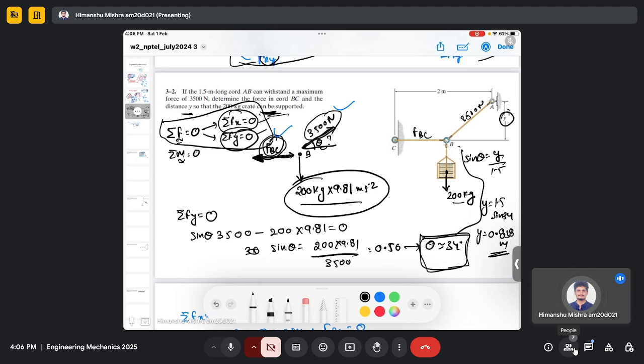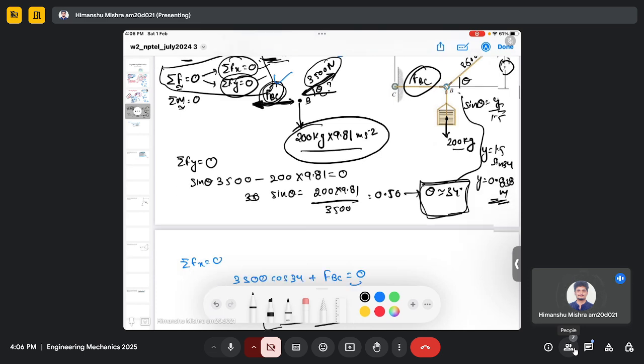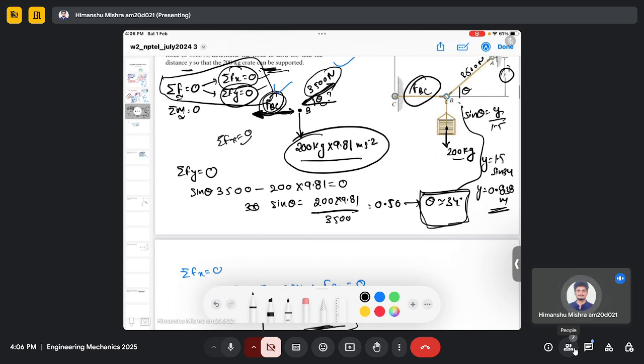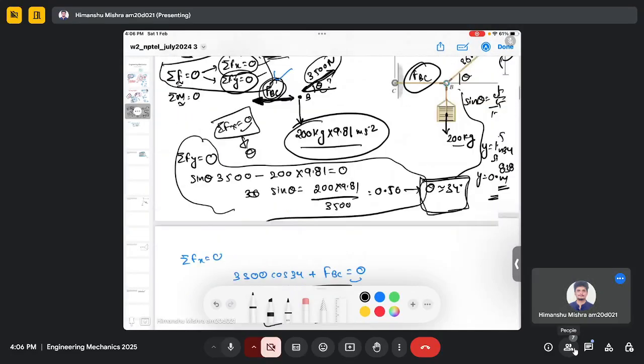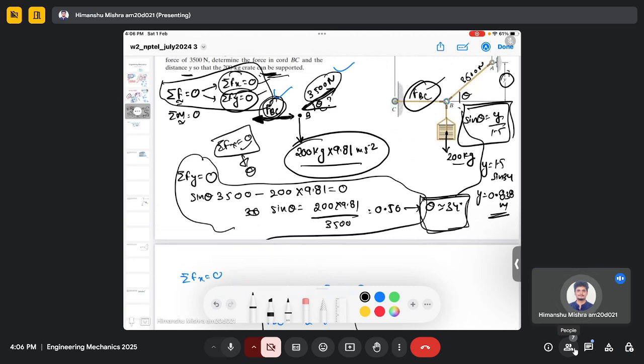So following this, we actually calculate theta first because it is required to calculate the force at chord BC. We calculate theta from the summation of force in the horizontal direction and equate it to 0. Then once we get theta from this equation, we use the summation of force in the vertical direction to calculate the unknown force at chord BC. And then from a simple trigonometric relation, it is very easy to calculate distance y.